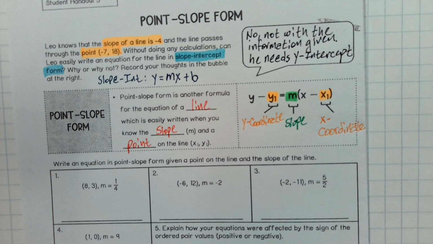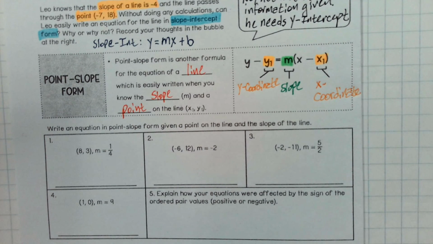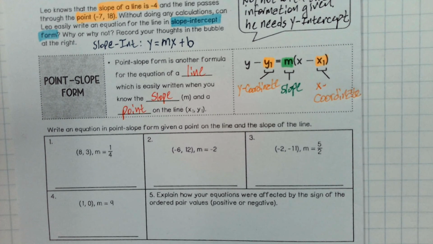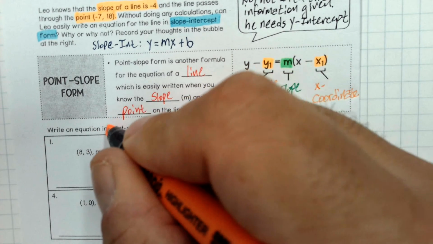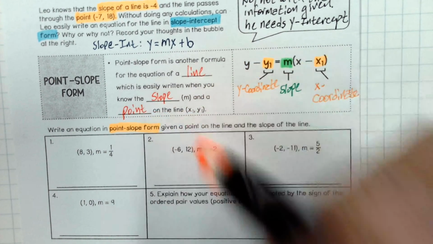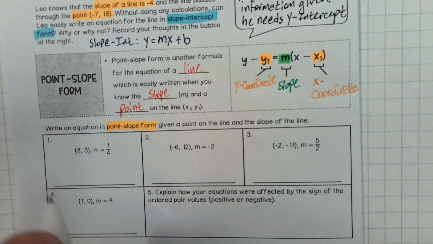So this first part's going to be maybe a little review. We're going to write equations in point slope form. So we actually want them in that point slope format. And we're given a point, we're given the slope. Okay? So why don't we write them down? So we're given a point (8, 3).